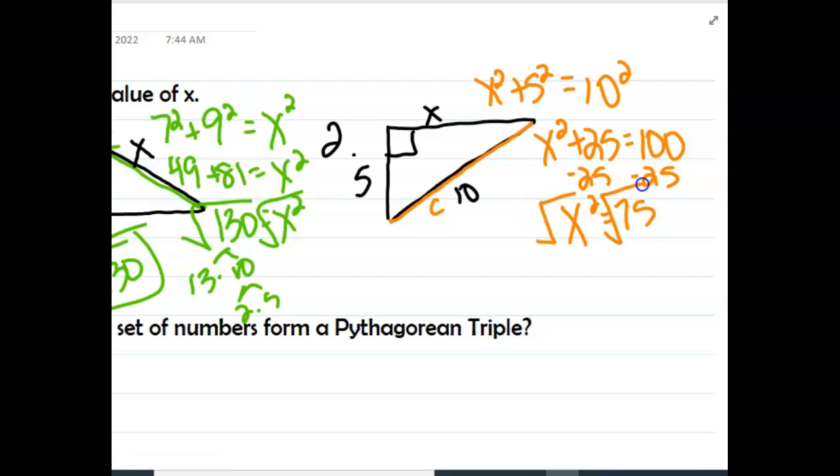Can't take the square root of 75, but there's a super easy perfect square factor of 75. 25, right? 25 times 3. Keep in mind when you do this, they're still under the radical sign. So you can take the square root of 25, it's 5, but you can't take the square root of 3, it just stays the square root of 3.